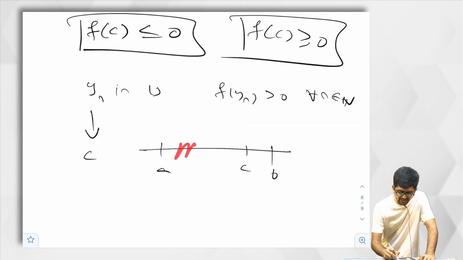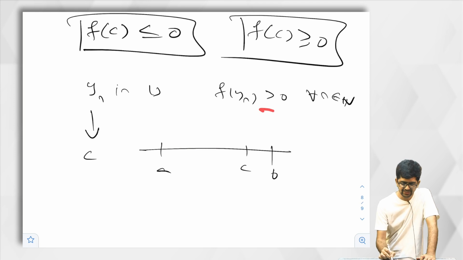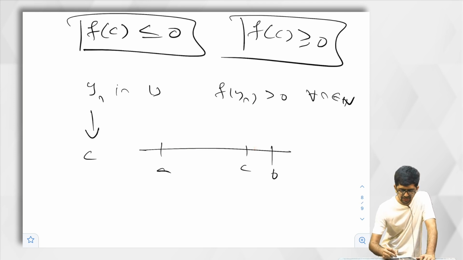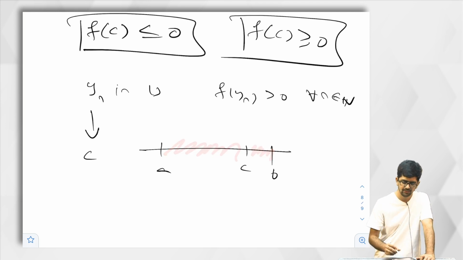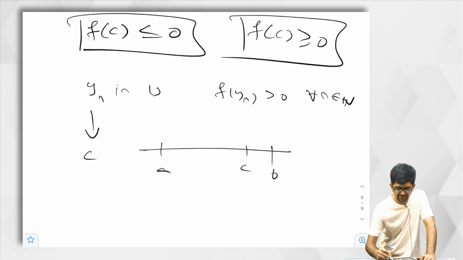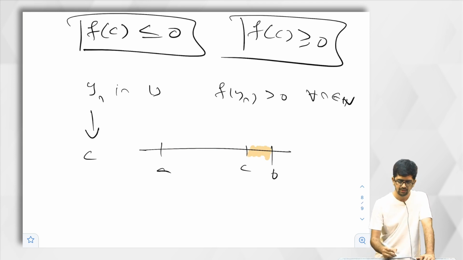Suppose I take y n here, then f of y n is negative. So I should take a sequence outside this part, either here, or here.